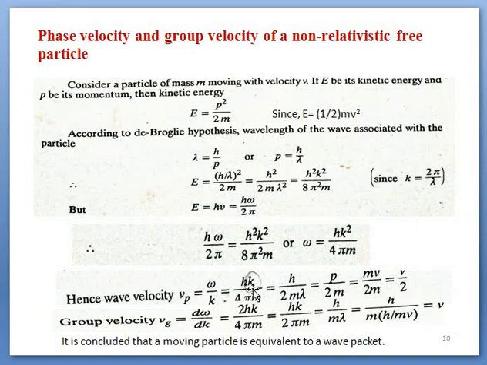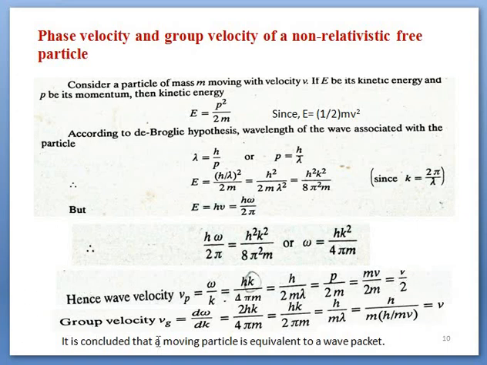K means 2 pi upon lambda, so 2 pi cancels, leaving h upon 2 m lambda, and h upon lambda equals p. Since p equals mv, m cancels, giving v by 2. So for a non-relativistic particle, the phase velocity is half of its velocity.